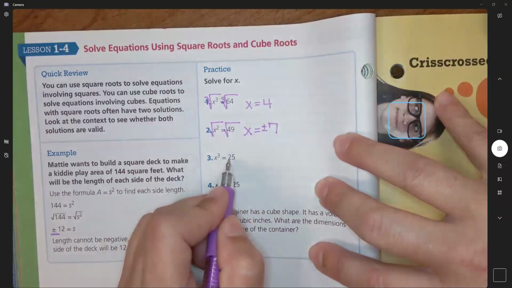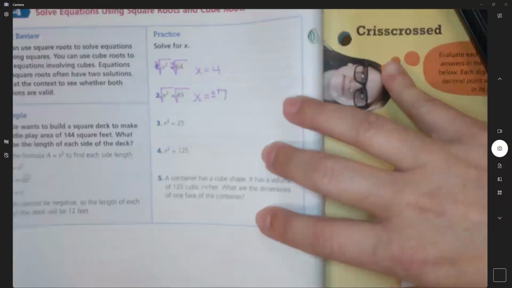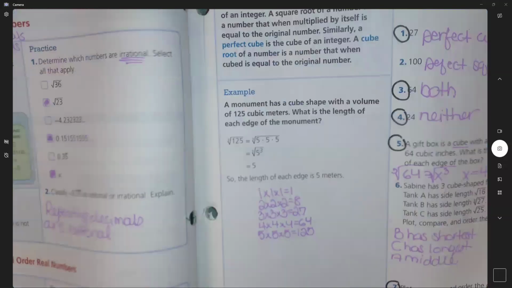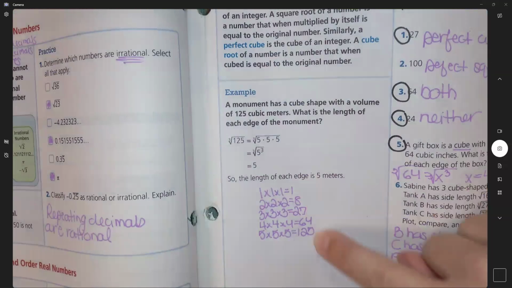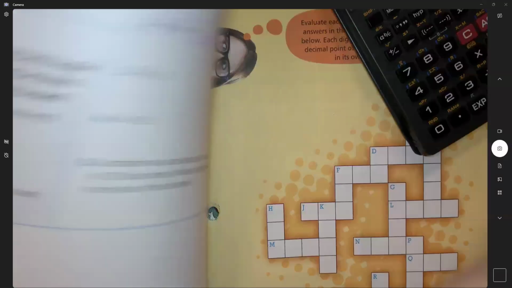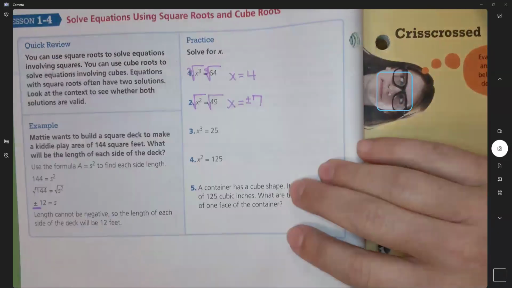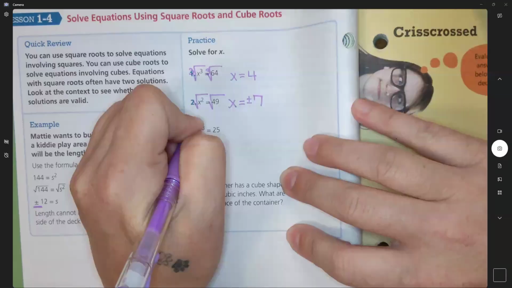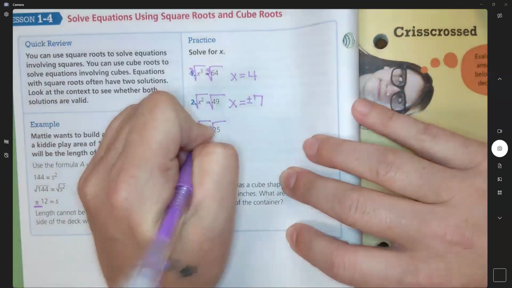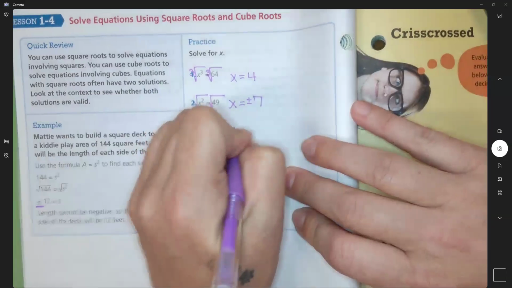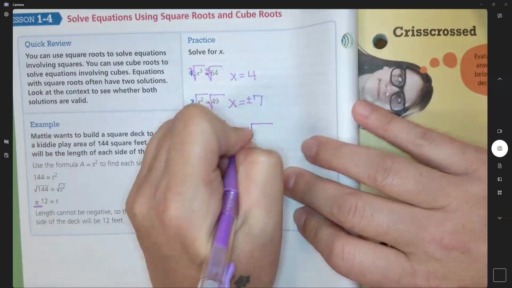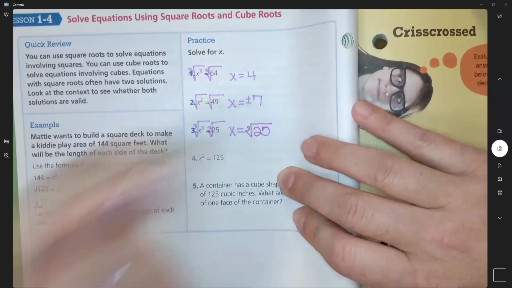Is there a cube root for 25? Let's go check our chart. I don't see 25 on here, so I'm not going to have a pretty answer. I'm just going to take the cube root of both sides and write it as x equals the cube root of 25.